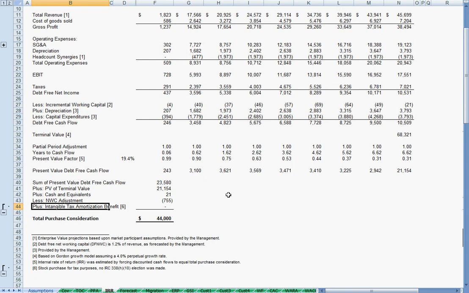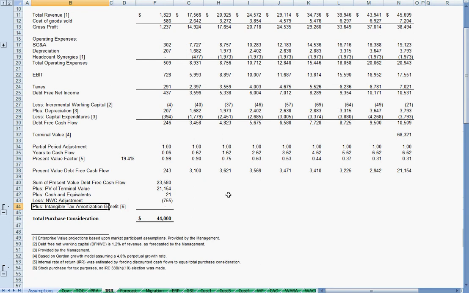In order to determine whether this amortization can in fact occur and provide that benefit to the acquirer, one has to ask the client whether the acquisition was a stock purchase or an asset purchase. If it's an asset purchase, then you do include the tax amortization benefit.